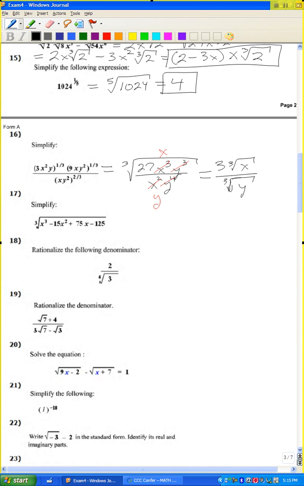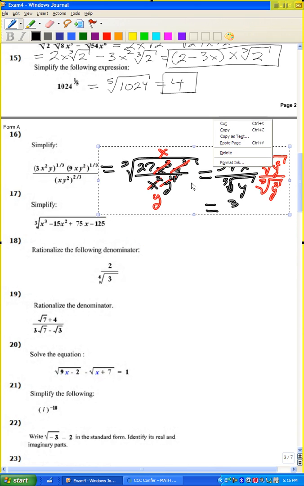But maybe what I want to do is rationalize the denominator. So I'll multiply and divide by the cube root of y squared. And so if I do that, I get 3 cube root, I guess I'll return this back up to the higher place.